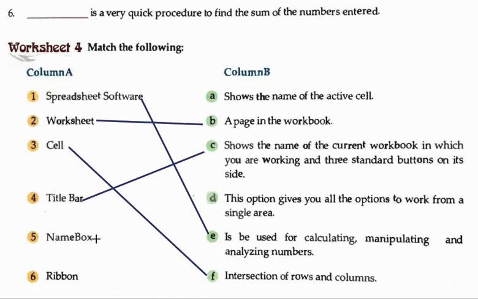Name box shows the name of the active cell. Now ribbon. This option gives you all the options to work with the workbook from a single area. These are the answers of match the following.